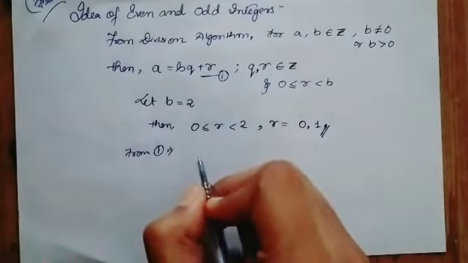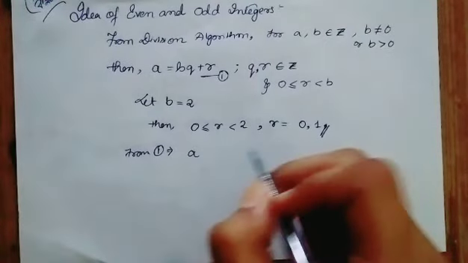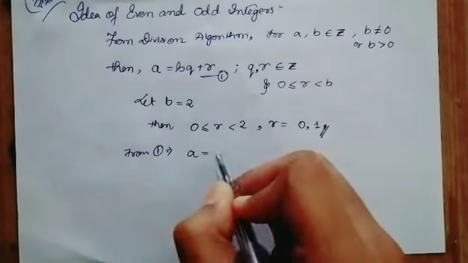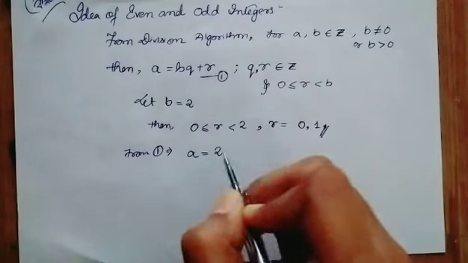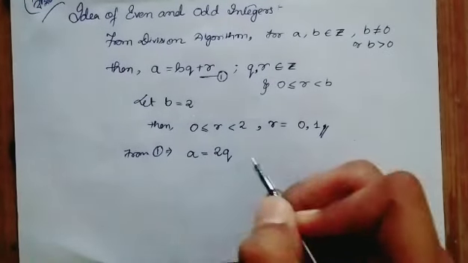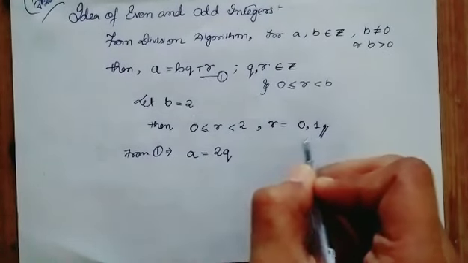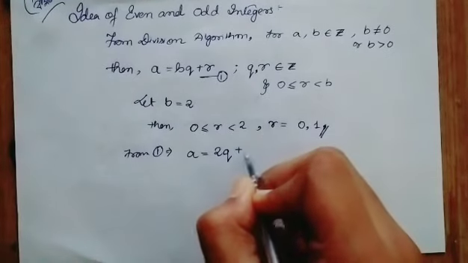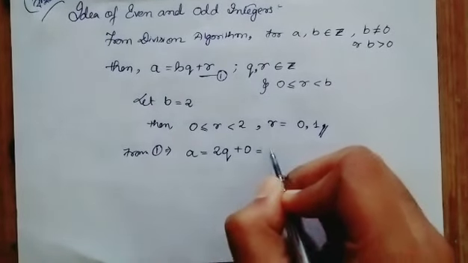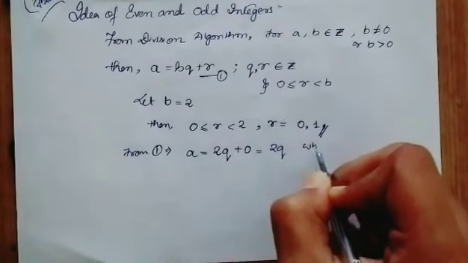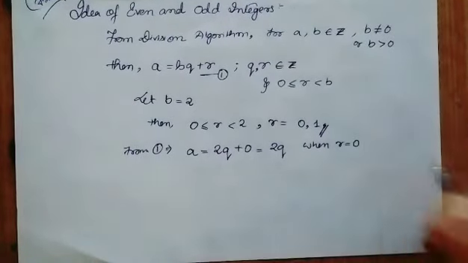From 1, you will get a is equal to b into q, where b is 2, so a is 2q. If we first consider r to be 0, then the value of a becomes 2q when r is equal to 0.